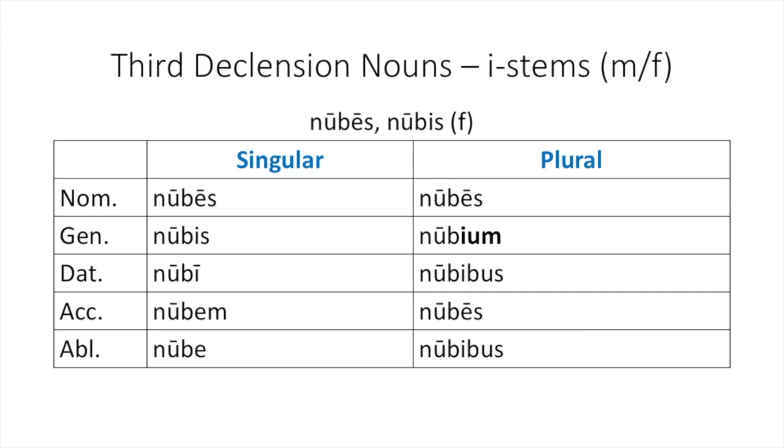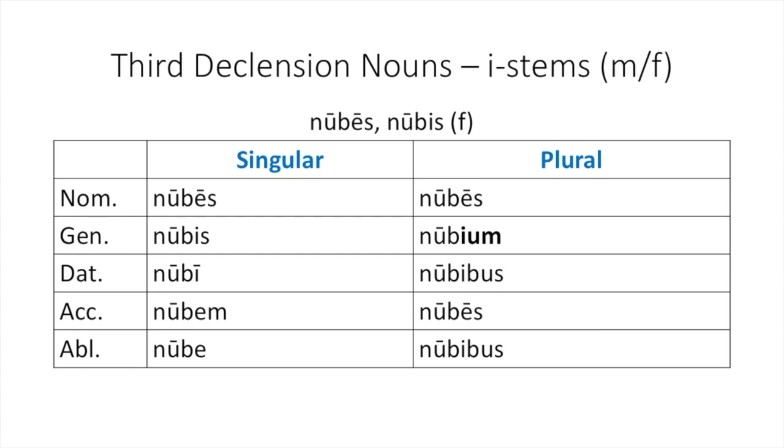So you can just know nubes, nubis, meaning cloud, is an I-stem noun. The only difference for your masculine feminine I-stem third declension nouns from other third declension nouns is that the genitive plural will be ium instead of just um. So nubes, nubis, nubi, nubem, nube, nubes, nubium, nubibus, nubes, nubibus.